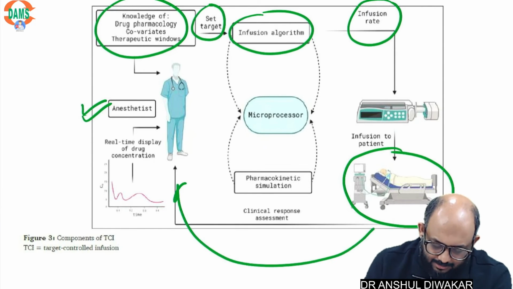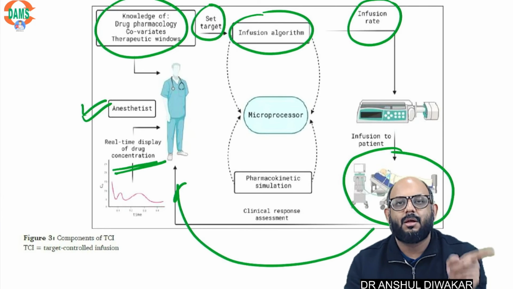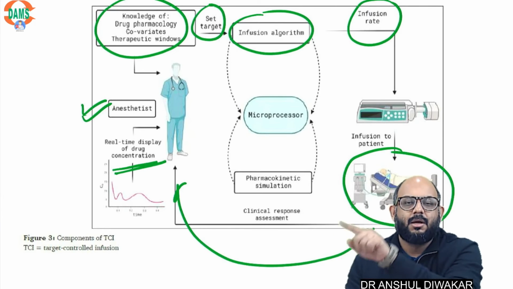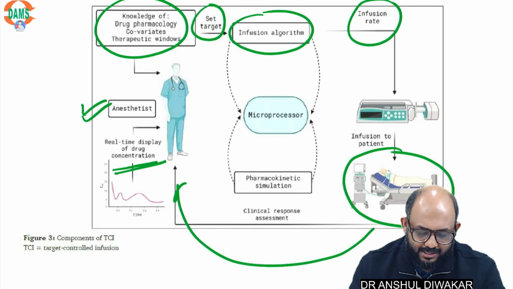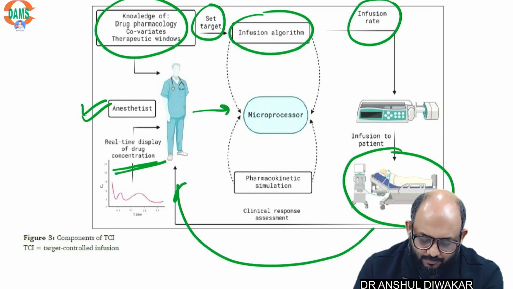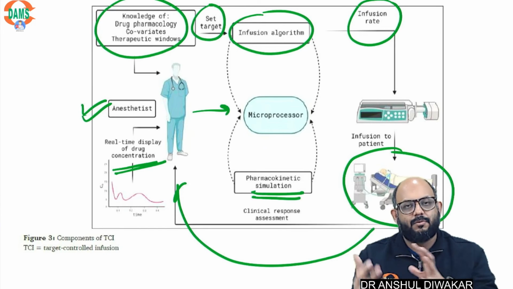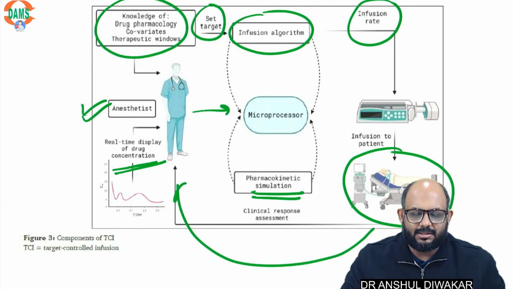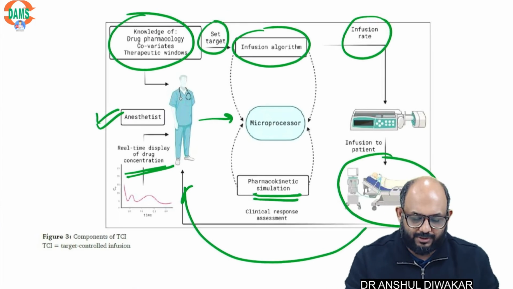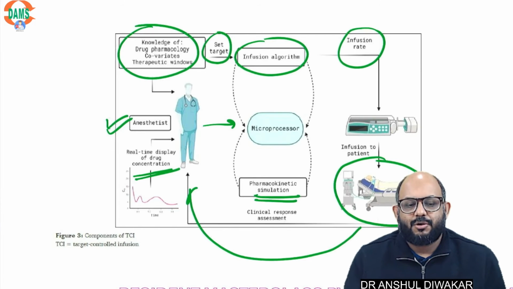There will be a clinical response assessment, which will be the real-time display of drug concentration, BIS, and patient's clinical parameters, based on which the anesthetist will readjust, and there will be a pharmacokinetic simulation. The microprocessor will change certain things, and this is the closed loop anesthesia of TCI.